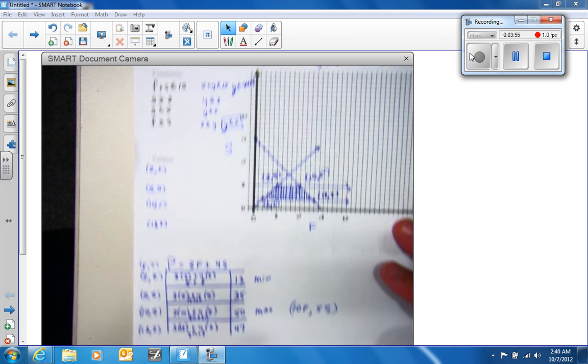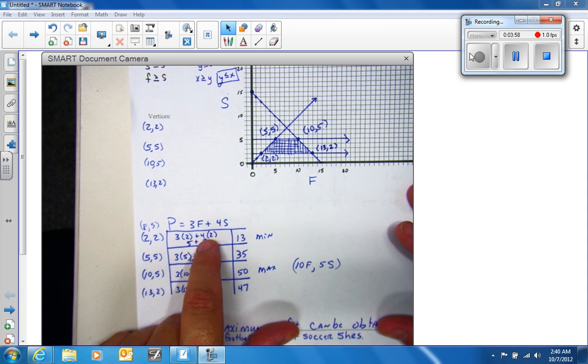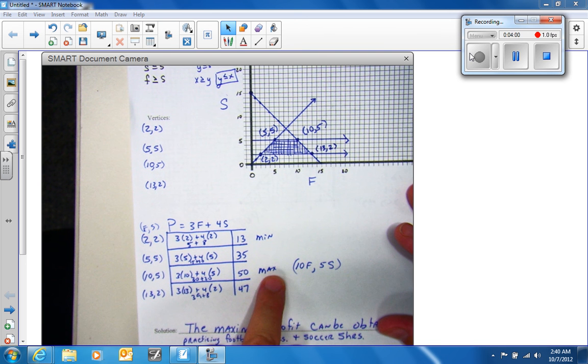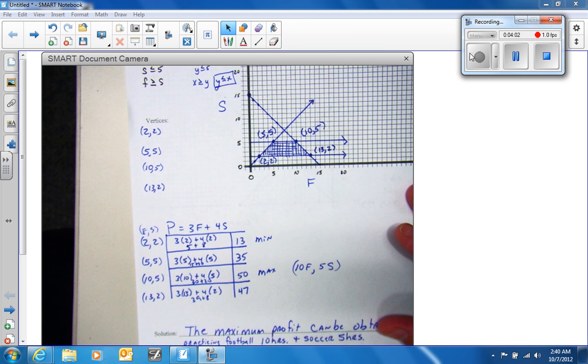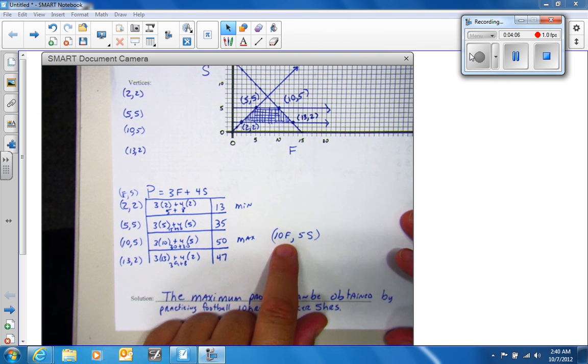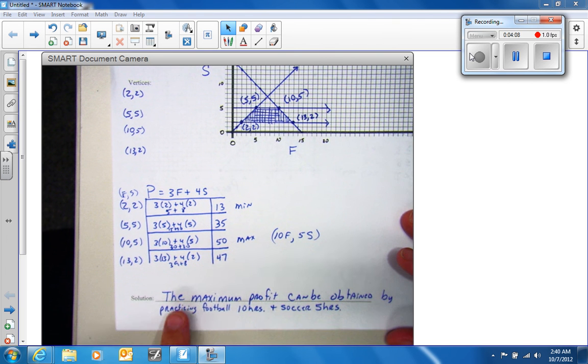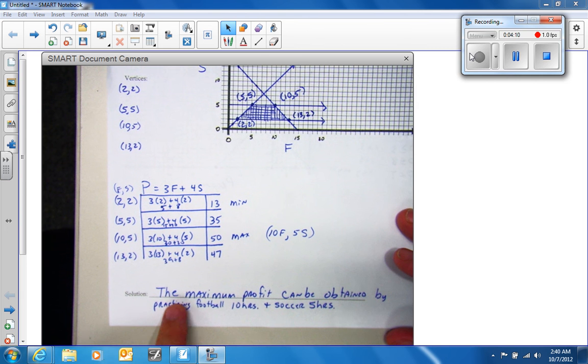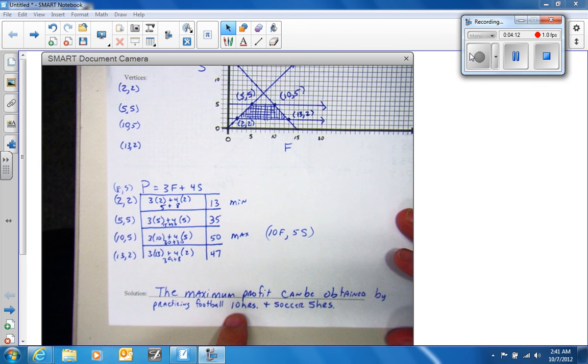Well, once you look at your data, after plugging those points in, notice that 50 is our max. So what does that mean in the context of the problem? That means we spend 10 hours practicing football, 5 hours practicing soccer, and you write it in a complete sentence: the maximum profit can be obtained by practicing football 10 hours and soccer 5 hours. All right, so make sure you do that.